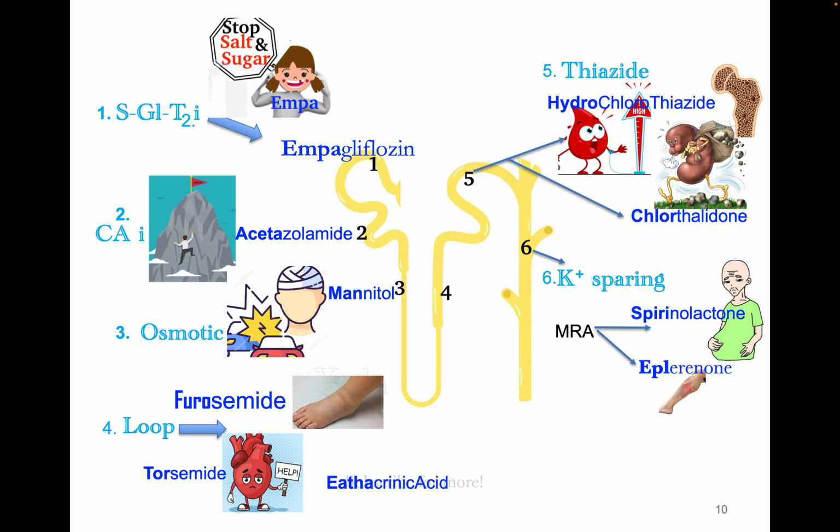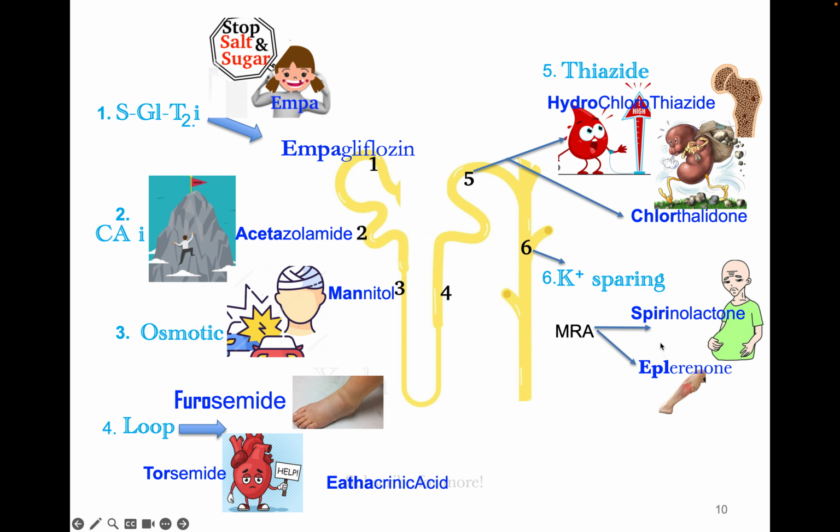Aldosterone mediated sodium loss will be blocked. How are they indirectly blocking? They indirectly stop producing a sodium channel, or they stop recruiting that sodium channel, so that you will be controlling. In return, we are going to reabsorb some potassium. Therefore, this is a potassium sparing drug.